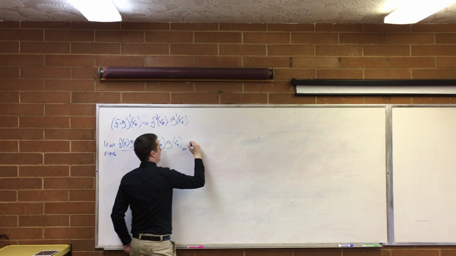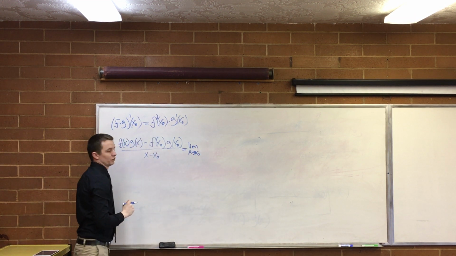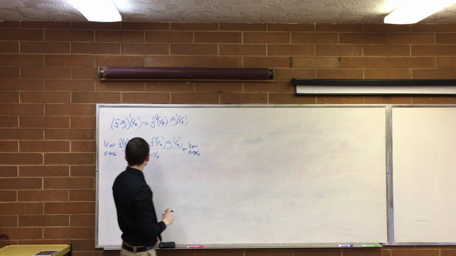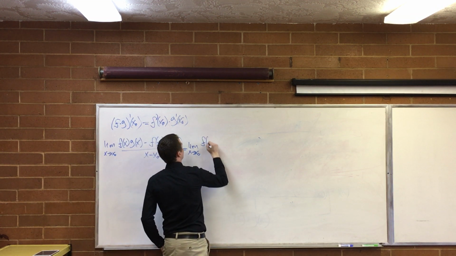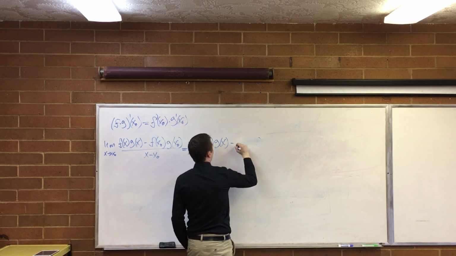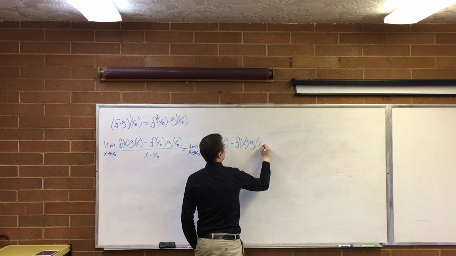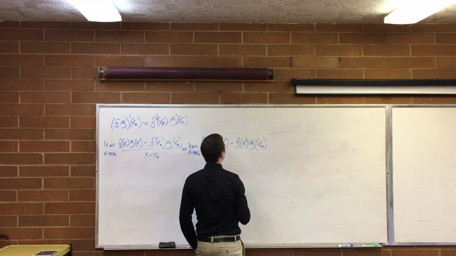This is equal to the limit as x approaches x naught. Now I'm going to add and subtract the same thing from the numerator. So we have f of x, g of x. I'm going to subtract f of x, g of x. And I'm going to add that again somewhere.